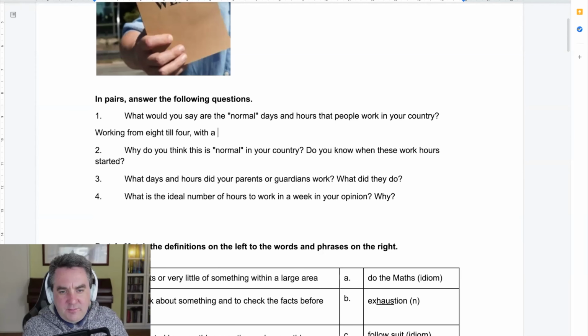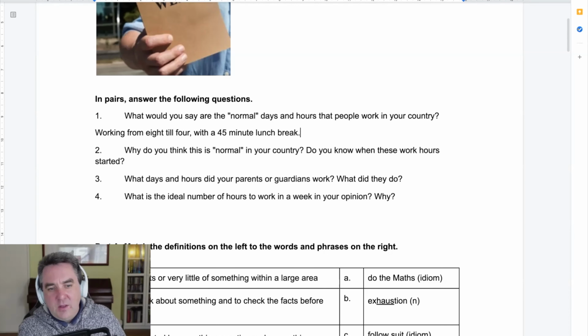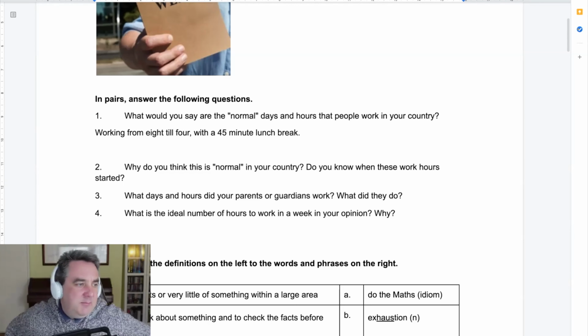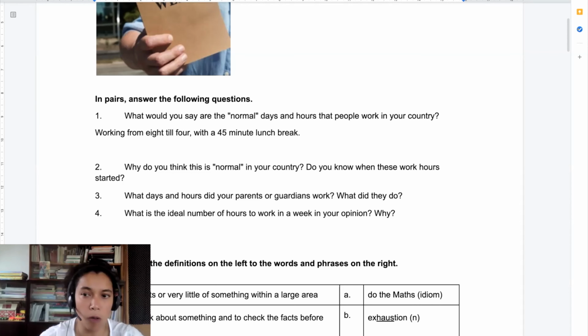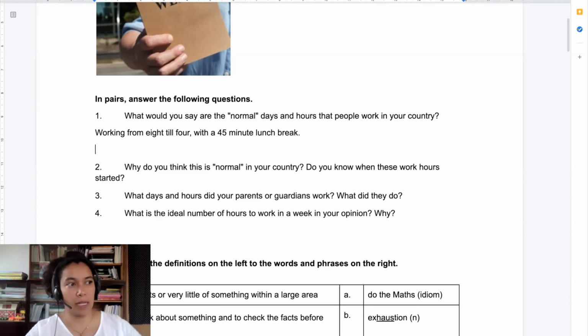With a 45-minute lunch break. What about in Prague now, where you're based? Here, because school starts at 8 o'clock, many people start working at 9.